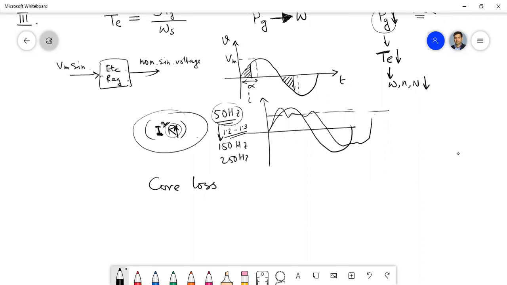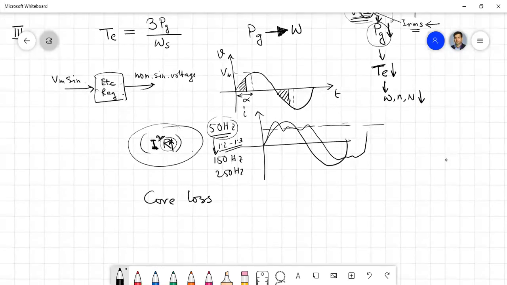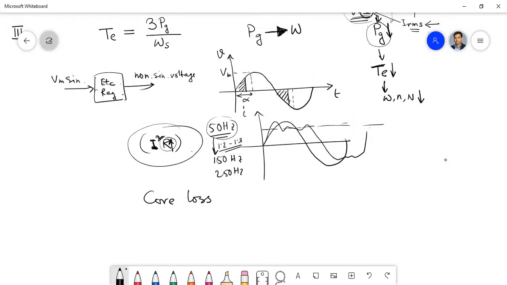So this is the explanation of the third point. That means due to this harmonic component present in the source current or line current, what kind of problem we may face in the line equipments like induction motors, transformers, capacitors, reactors, etc. Okay, is it okay?